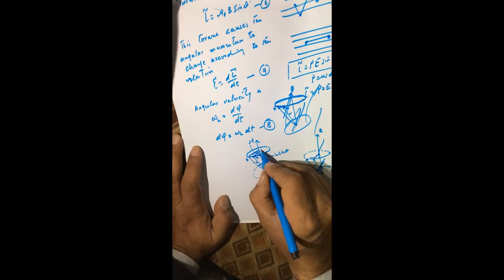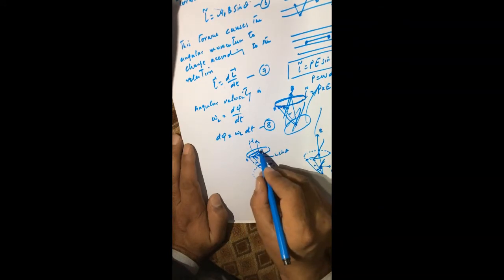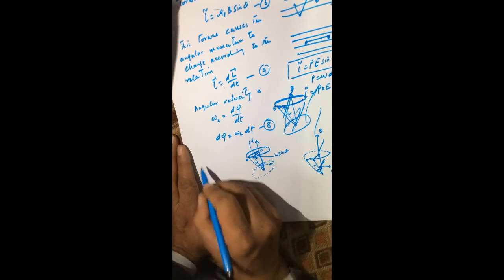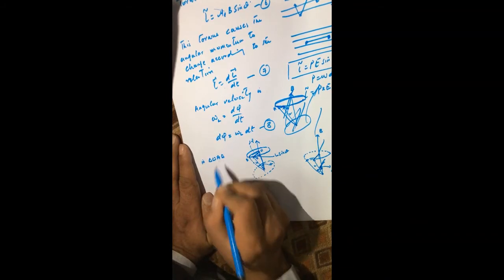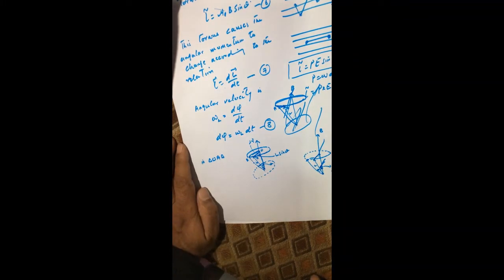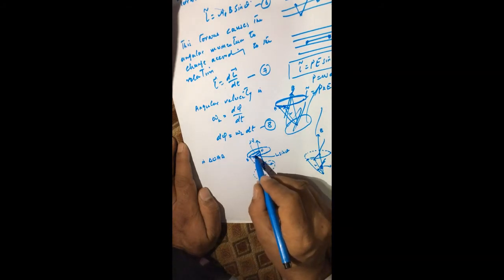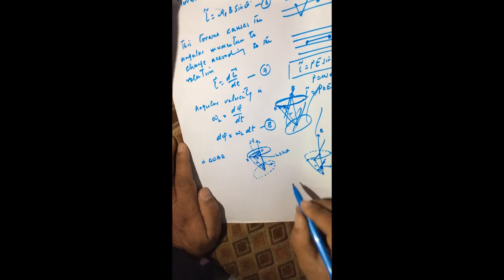If I consider the triangle OAB, so this is the triangle OAB. This is the same as, let's suppose we have a circular loop and we have this radius R, and this particle moves from here to here.